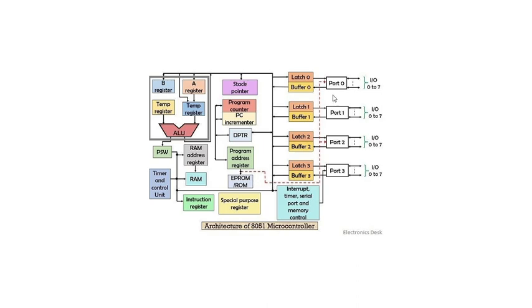And again, we know that from the 40 pins, around 32 pins serve as the input output pins, that is port 0, port 1, port 2 and port 3, and each port has 8 IO lines, that is 0 to 7. Total 8 into 4, that is 32 IO lines, are ready to communicate with the outside world of the 8051.